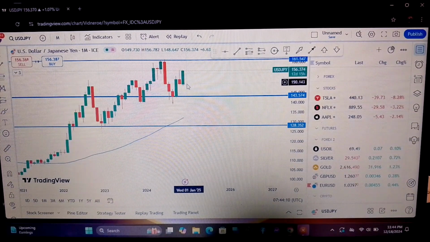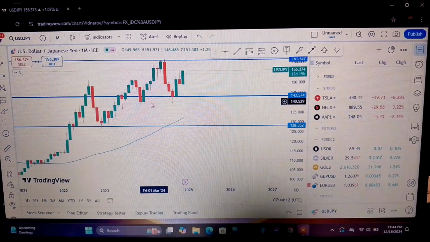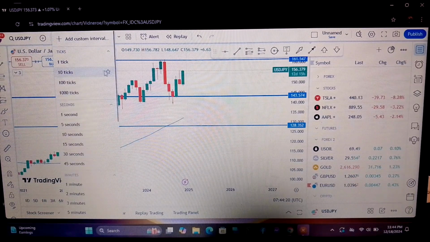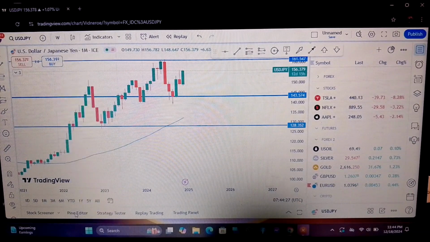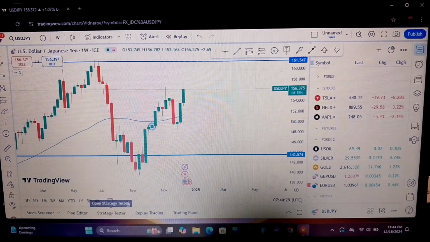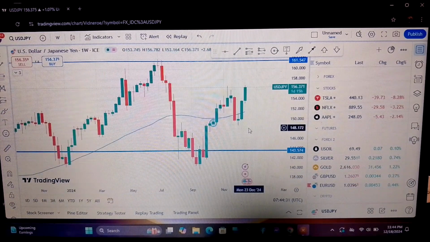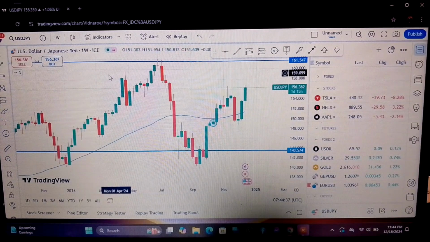So now since we know that the monthly time frame is bullish, let's move over to the weekly time frame. So moving over to the weekly time frame, like I explained before, this was a low, this is a high, this is a low, this is a high.